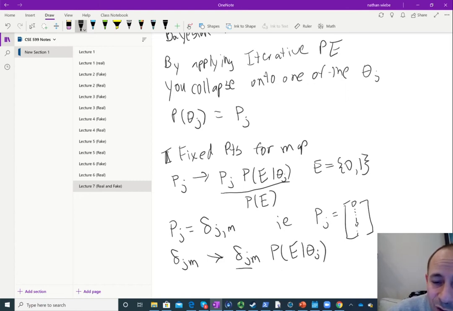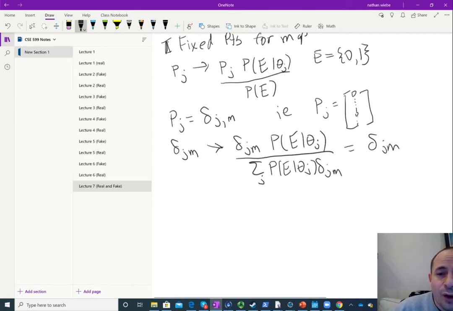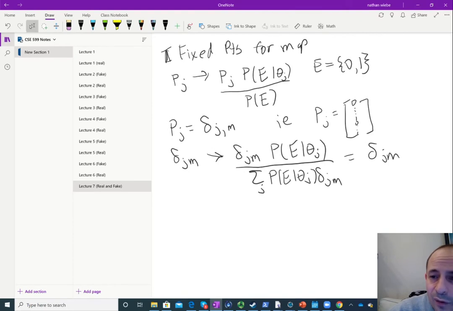Now the normalization condition can be found by summing over this. That is the sum over j of p of e given theta j, delta jm. And so this is actually just equal to delta jm. So therefore, this is a fixed point for the map.